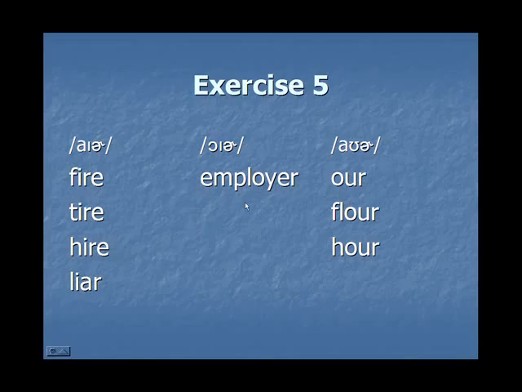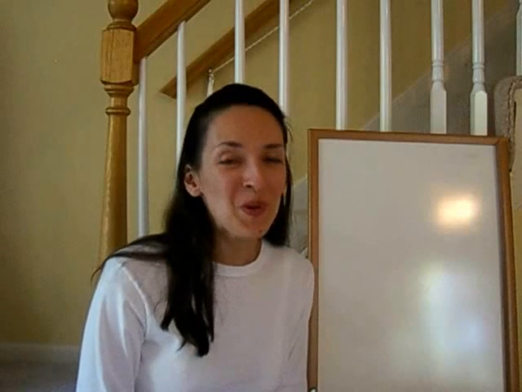Repeat after me. Employer. In this last group, the words have 2 syllables. Repeat after me. Hour, flower, our. Note that the first and the last word here sound exactly the same. They're just spelled differently. Let's try one more exercise.